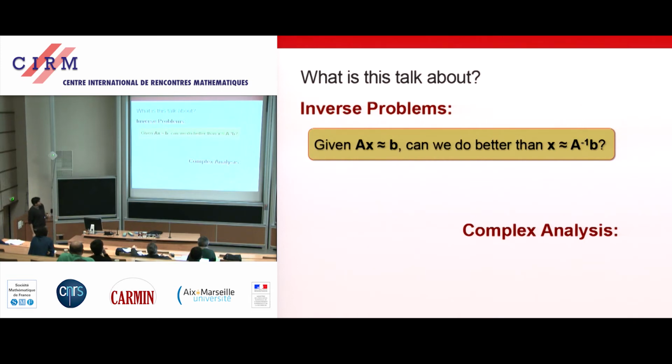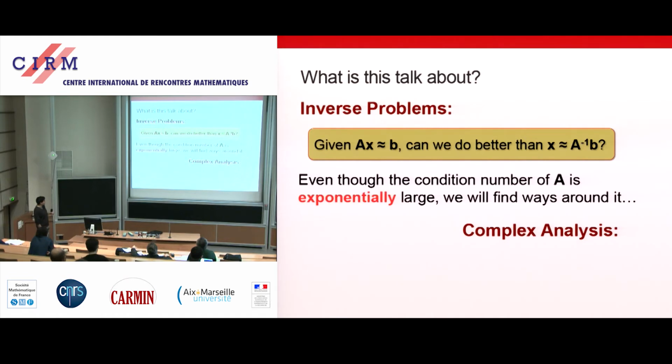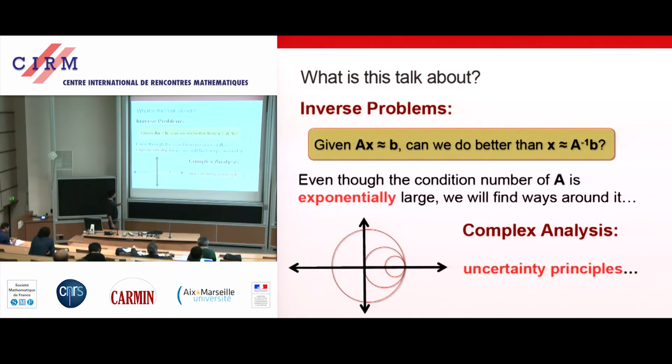But nevertheless, we're not going to be interested in all of X, just one of its coordinates. So it's about how to solve inverse problems even when they are exponentially ill-conditioned if you're interested in just part of it. That's what the talk is really about: even though the condition number of A is exponentially large, we're going to find ways around it through complex analysis, and I'll be a little bit mysterious.